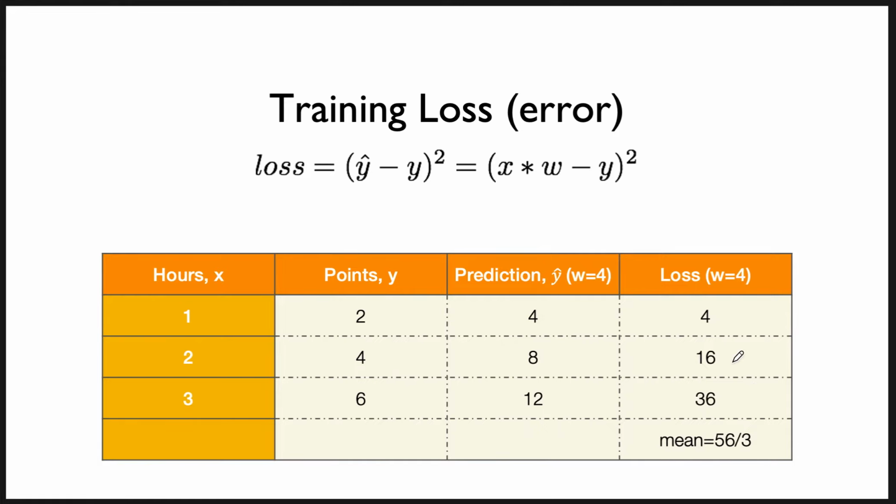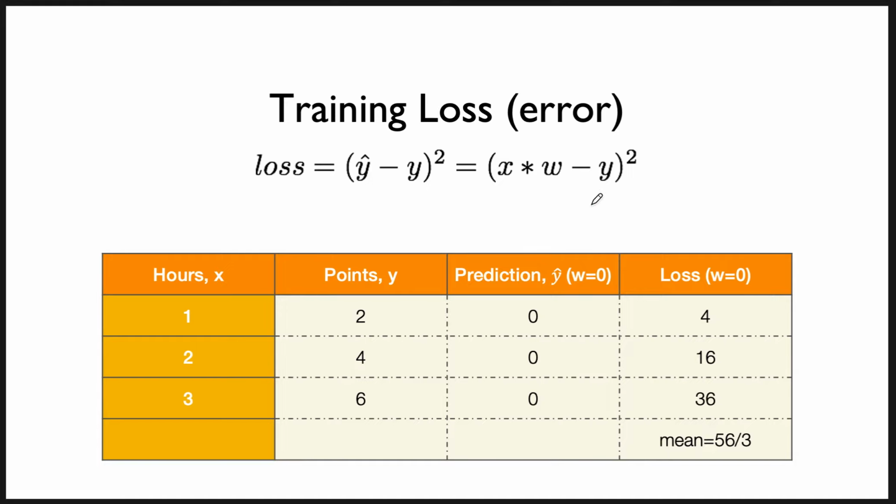Similarly, this is another case. W is 4. We can compute the y hat values. Then we can find the differences and square. It's a little bigger than the previous, so the loss per dataset is the sum of this divided by 3, basically the mean over the loss. We can continue this process.